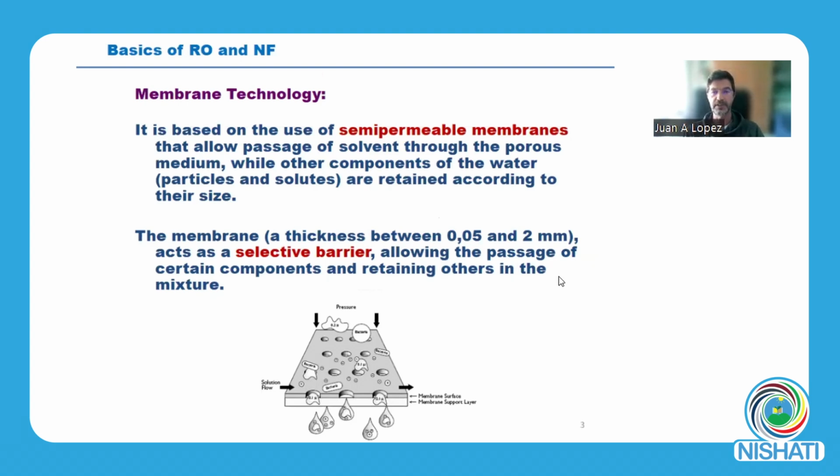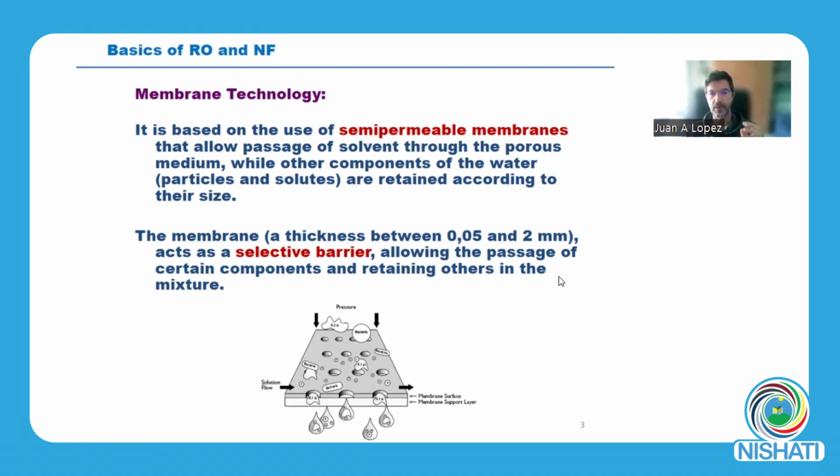Reverse osmosis and nanofiltration are membrane technologies. What are membrane technologies? This kind of technology is based on the use of semi-permeable membranes that allow passage of solvent through the medium. Sometimes it's porous, sometimes it's non-porous. Reverse osmosis and nanofiltration are non-porous.